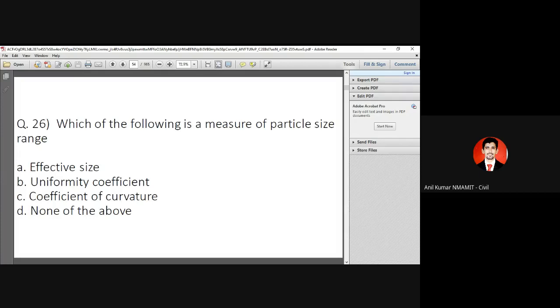Effective size, uniformity coefficient, coefficient of curvature, or none of the above? Very good question. Last 5 minutes, I need at least 30 questions done. I say D10, D30, D60 and all, these are all effective sizes. Manjunath is giving answer as B.